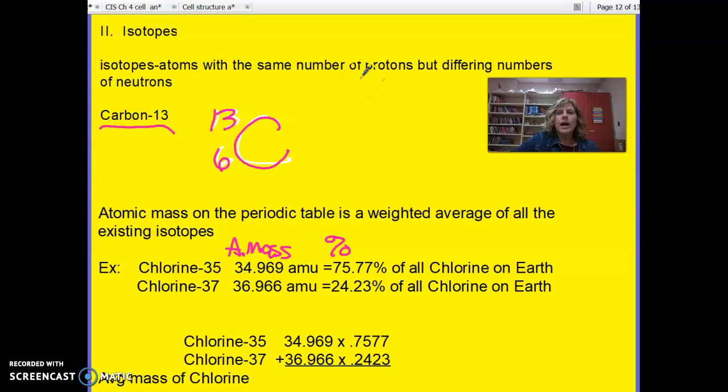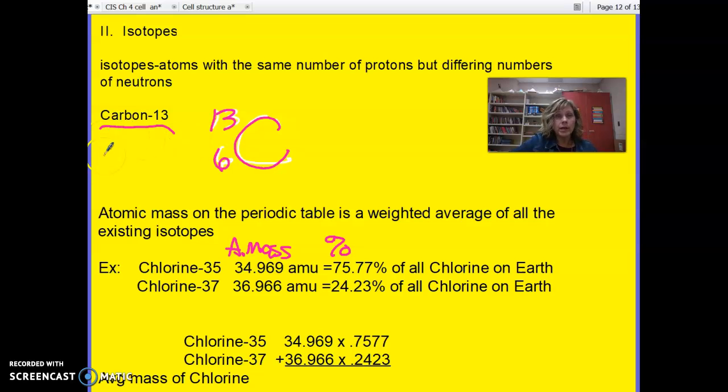Isotopes are atoms with the same number of protons. All atoms of carbon, for example, always have 6 protons. That's actually what makes it carbon. So all of the known isotopes of carbon have to have 6 protons, but they can have different numbers of neutrons, and so the mass is different because of that.